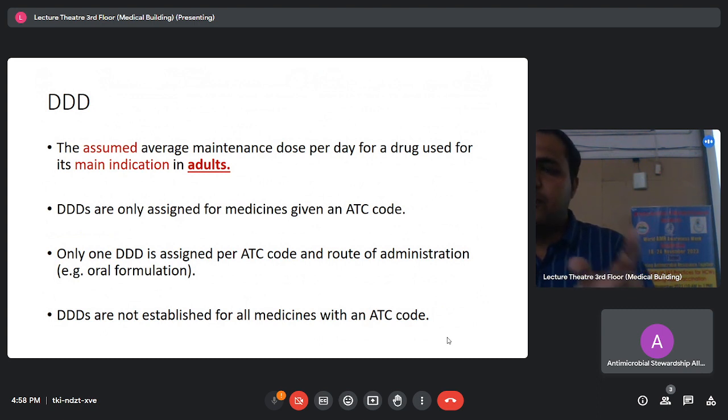Now, for every ATC code, one DDD value is assigned by WHO, however, it might not be the other way around. All DDDs have an ATC code, but not all ATC coded drugs might have a defined DDD. And for every ATC coded drug, only one DDD can be assigned.